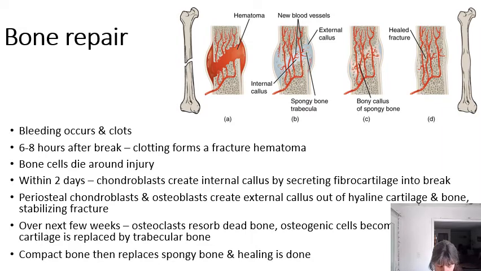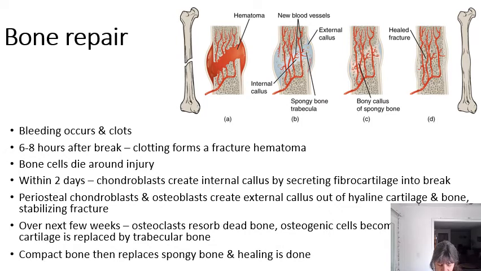Within a week, osteoblasts begin to lay down the trabeculae of new bone around and within the fibrocartilaginous callus. These trabeculae span the width of the callus and unite the two fragments of broken bone. Gradually, the fibrocartilaginous callus is replaced by immature bone, converting it into a bony or hard callus.